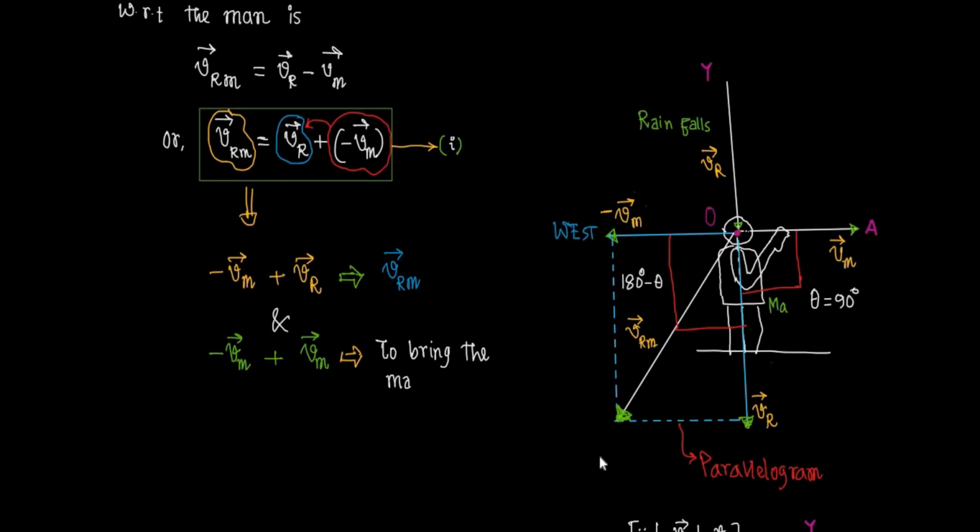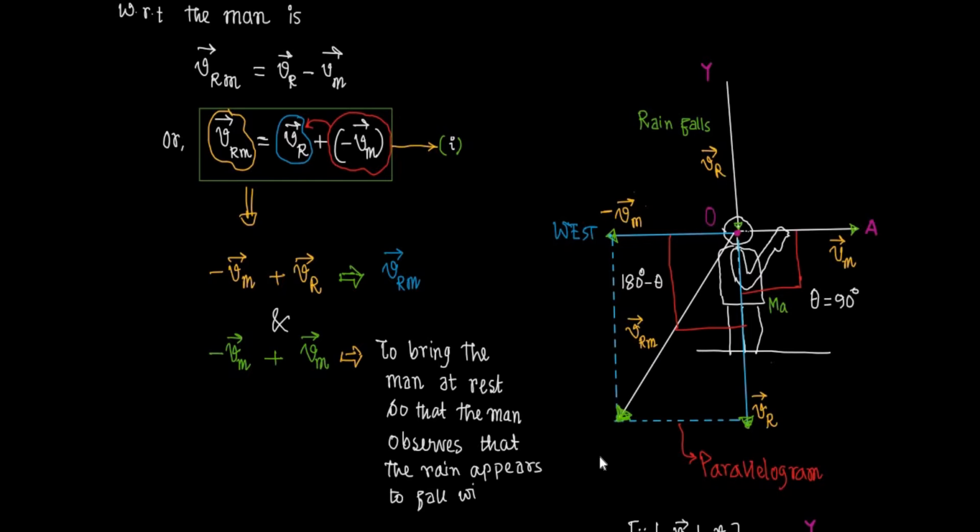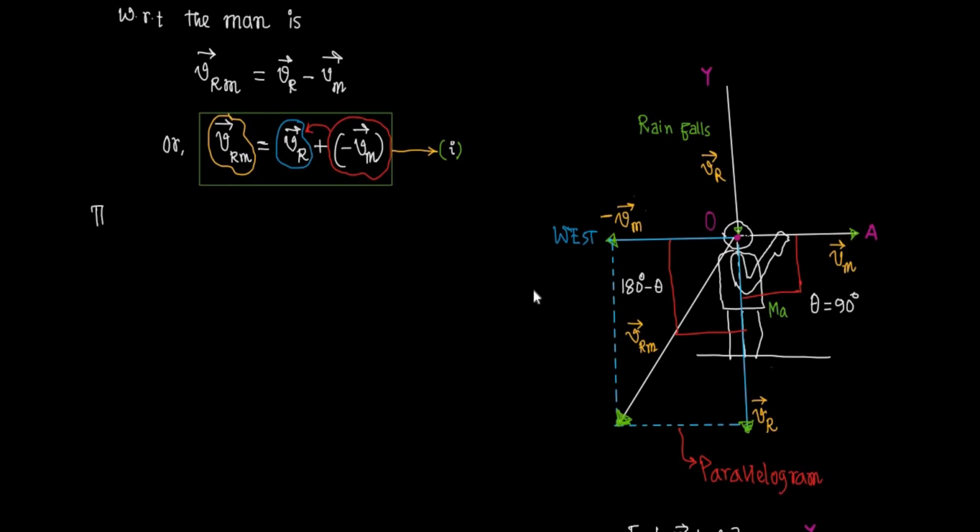The rain will appear to fall with a relative velocity vector Vrm.